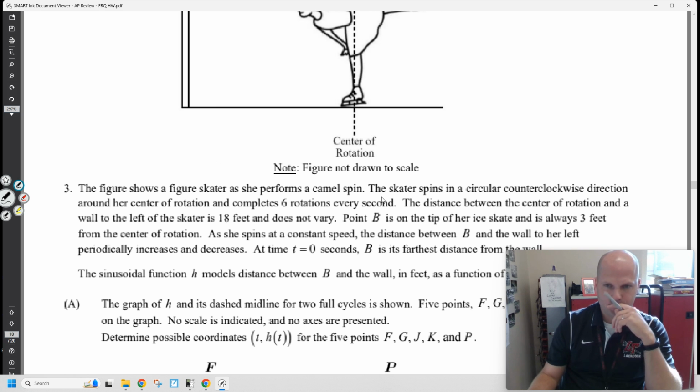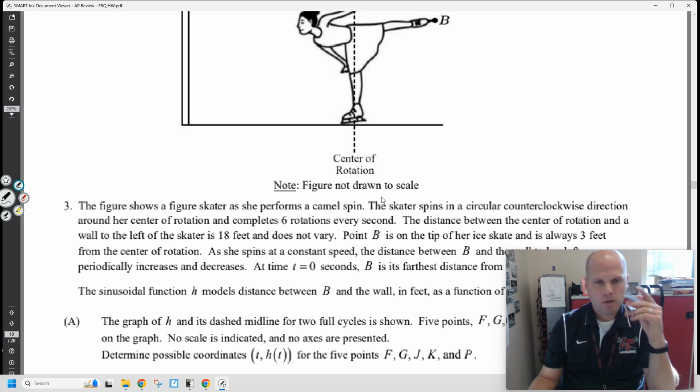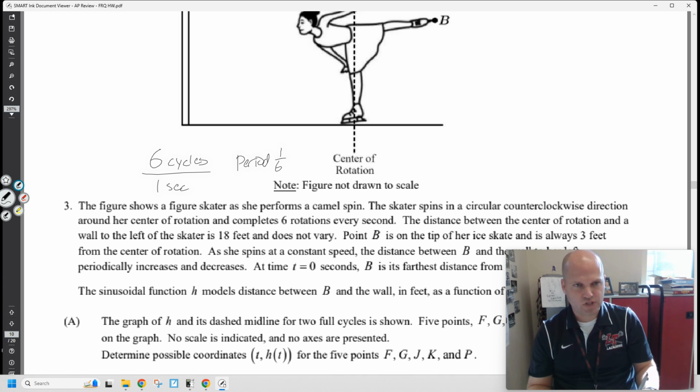Camel spin, great. Okay. 6 cycles, 6 rotations per second. The period would therefore be 1/6 of a second per one rotation or one cycle.